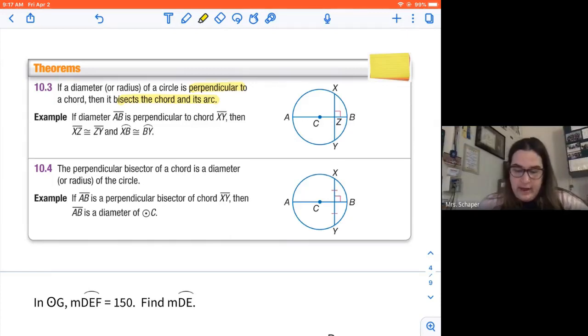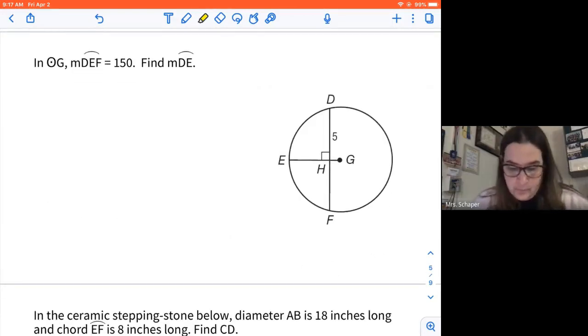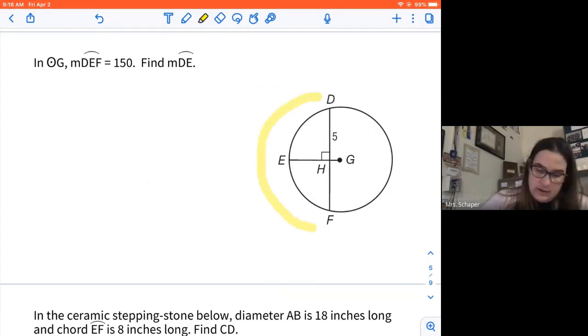All right, and then this second one says that the perpendicular bisector of a chord is the diameter of the circle. So kind of flipping it both ways. So that's the relationship between the diameter and a chord if they're perpendicular. For example, if the measurement of angle DEF is 150 degrees, we need to find DE.